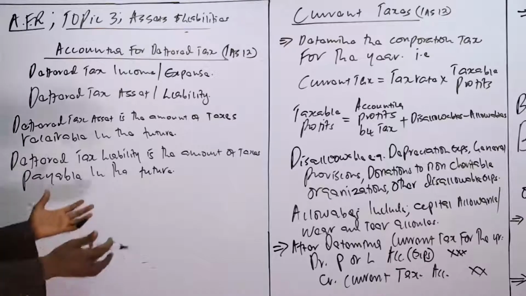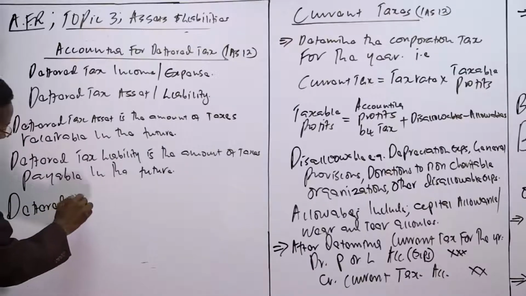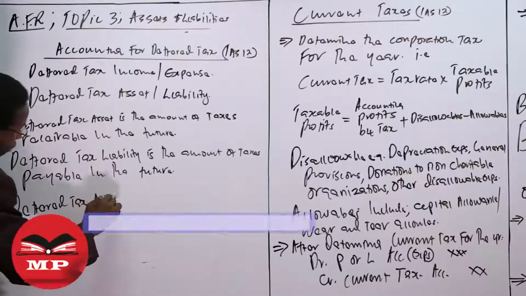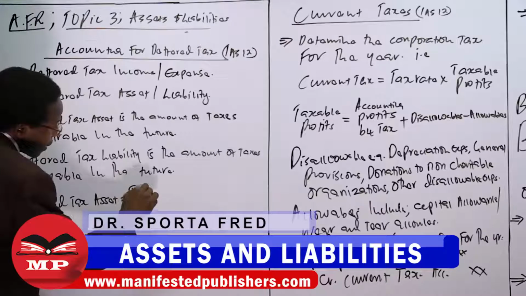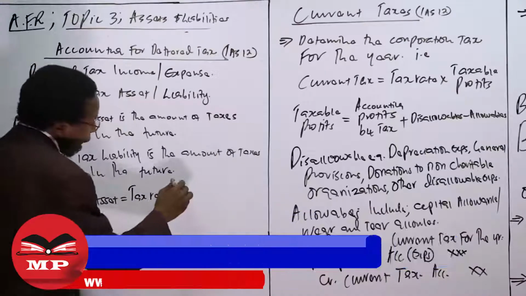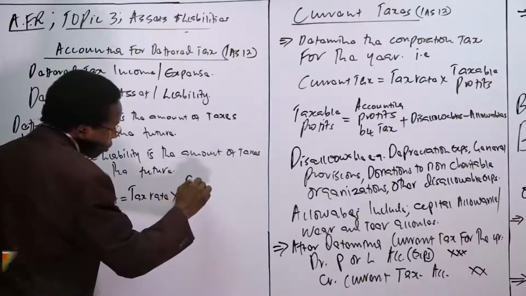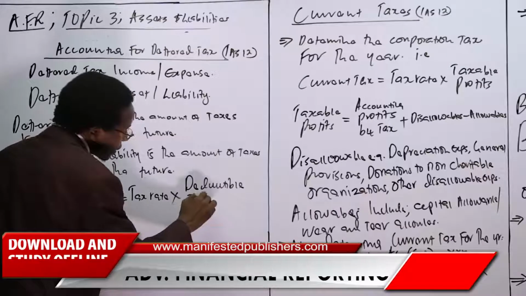How do we determine the deferred tax asset or liability? If we are to compute the deferred tax asset, we take into account the tax rate, you multiply by deductible temporary differences.